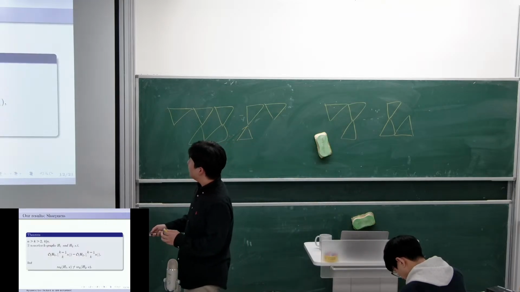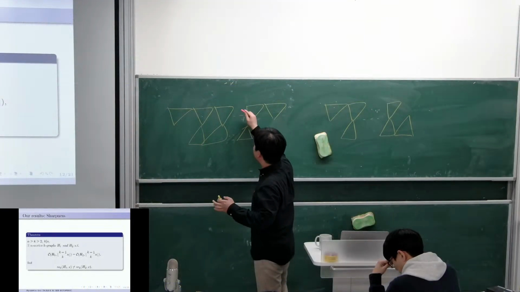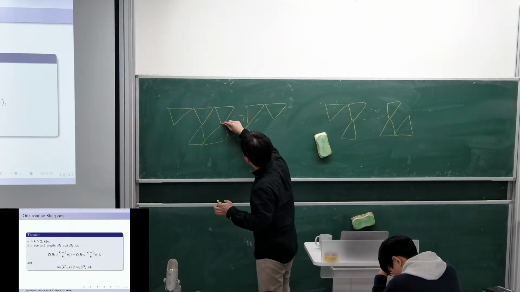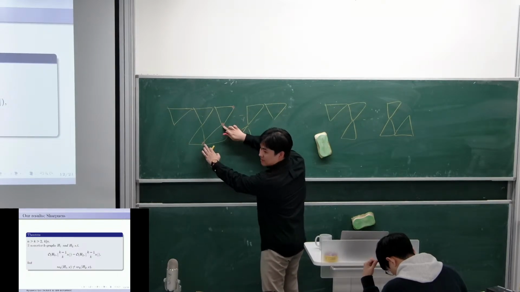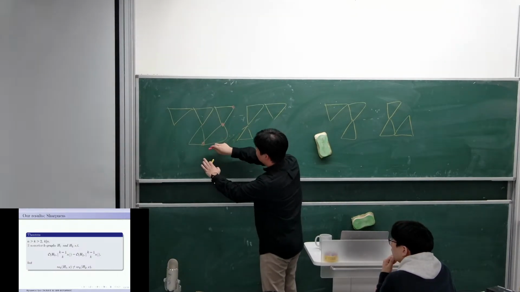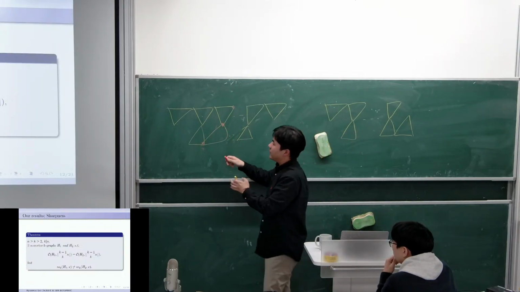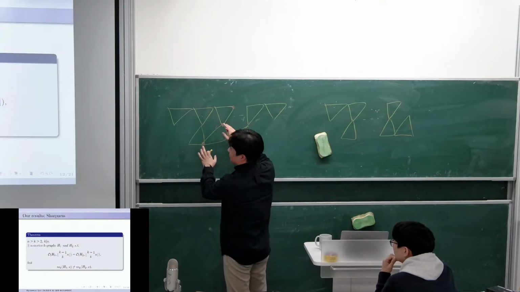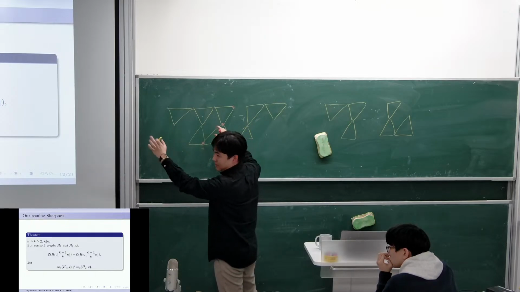In here, every deck has exactly this number of vertices, k minus 1 over k n. We can easily show that at some point at least two of these three vertices should be eliminated, that is, not contained in the deck.